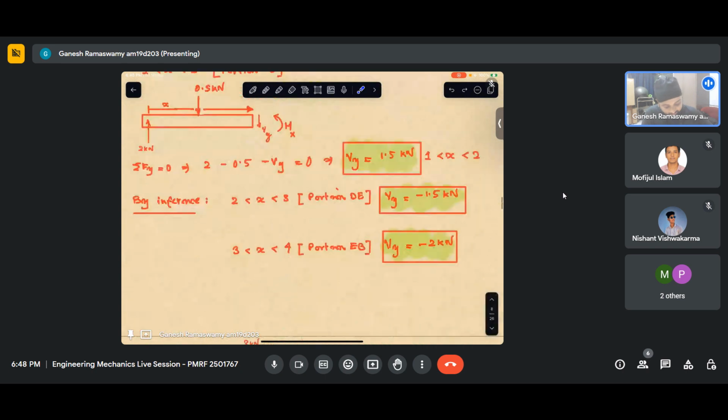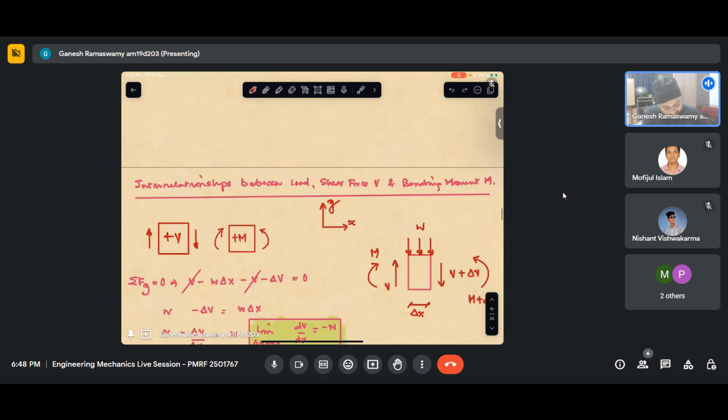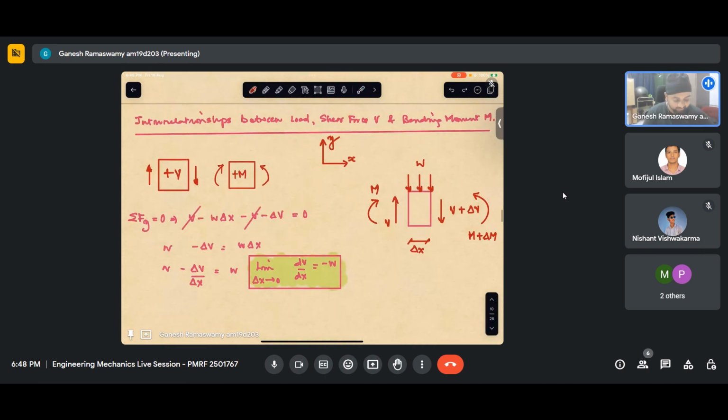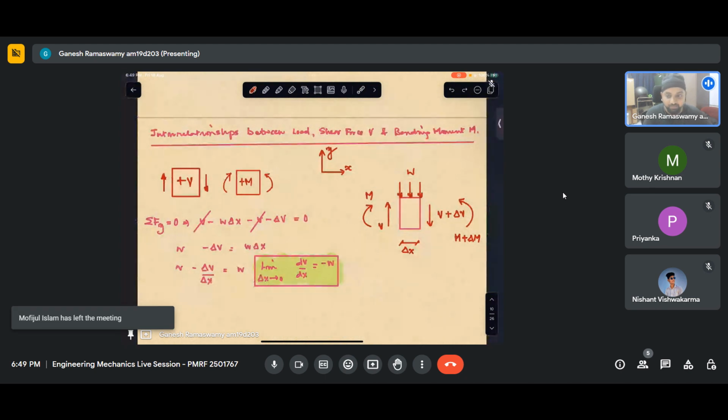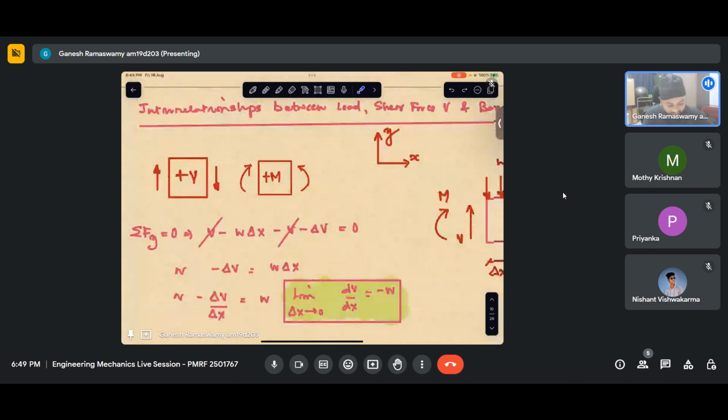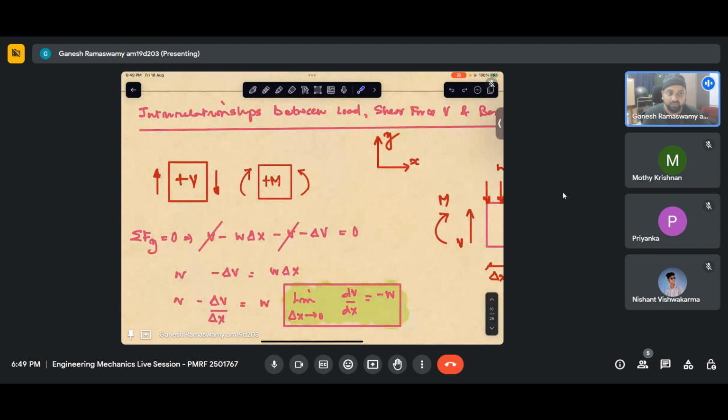So let us try to do that. Essentially, it has been done in the lecture, so I'll just recap it a little quickly. So if we see the interrelationship between the load, the shear force, which is denoted by V, and the bending moment denoted by M, let us say that this is my sign convention that I've been given. There is no dearth of sign conventions. It is not sacrosanct.